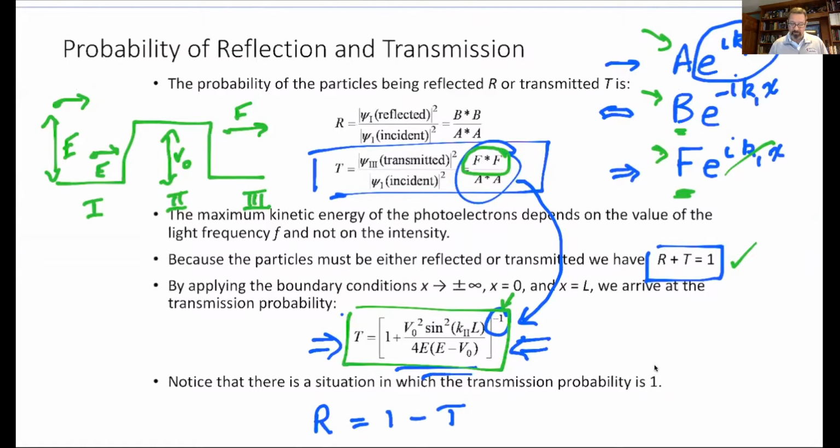And that is a little bit problematic, I guess, because I'll see people forget to take the reciprocal once they're done finding 1 plus that ratio: V0 squared, the height of the barrier, times sine squared of the wave number K2 times L, the length of the barrier, over 4 times the total energy minus the potential energy, which is the kinetic energy. So people forget to take that reciprocal. Don't forget to do that.